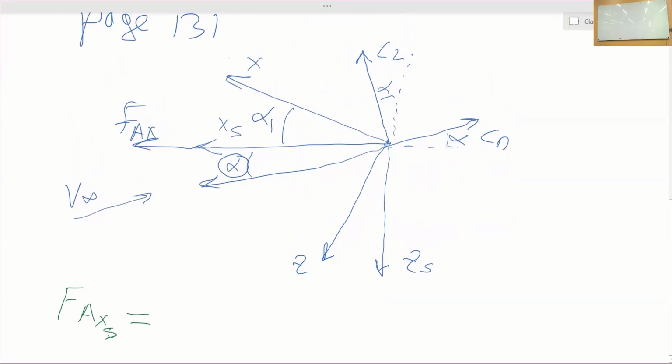Yeah, in the stability axis is going to be CD in the negative direction because it's pointing backward. This is CD this way. But we have to include CD cosine alpha to get it in this XS axis system. And then we're going to have a little component of the lift acting forward, this component here.